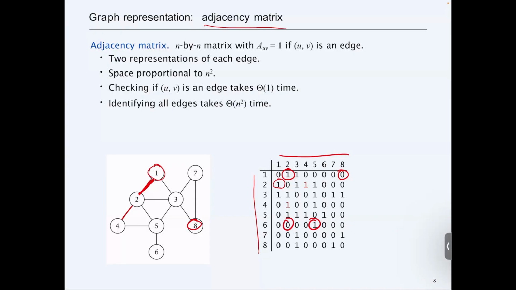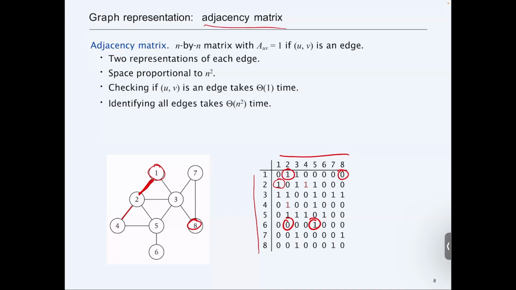The downside to an adjacency matrix, though, is the space usage. A matrix is always going to require n squared space, even if that graph has very few edges. So if the graph is sparse, meaning that there are relatively few edges in the graph, then adjacency matrices are wasting a huge amount of memory.